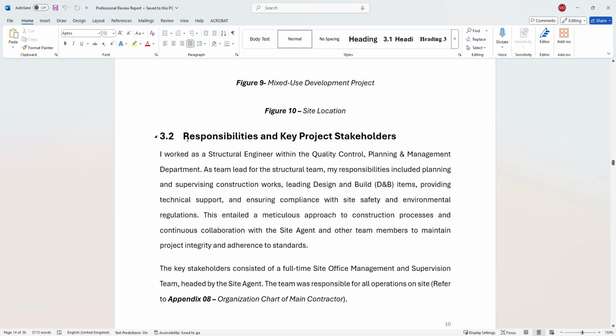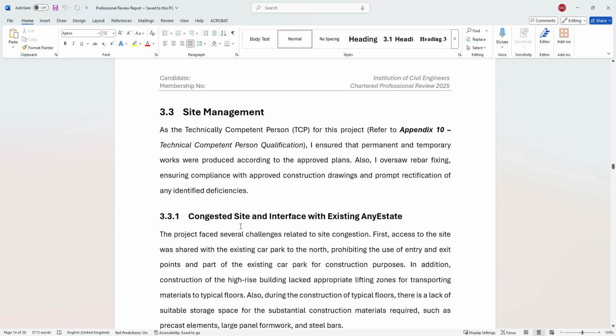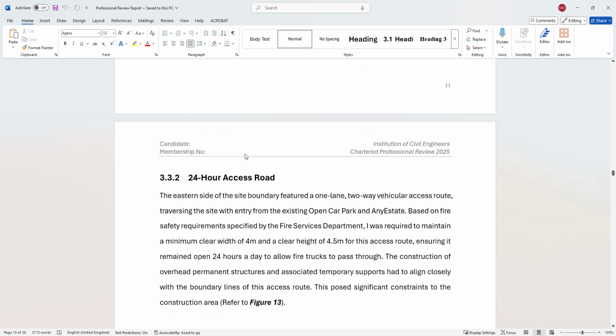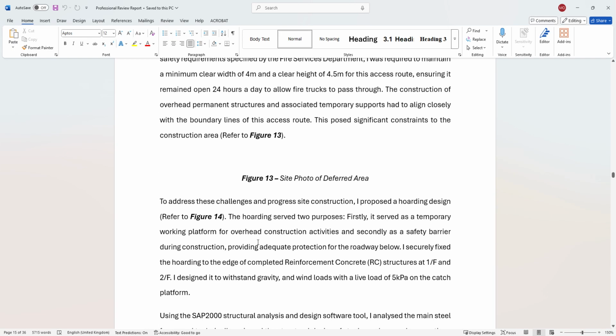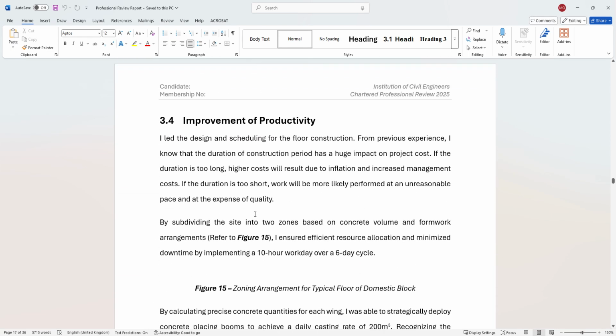For section 3.2, it talks about the responsibilities and key project stakeholders. Site management under section 3.3. And here the candidate is just talking about some of the challenges that they faced on the project and what exactly they did to overcome that challenge or those challenges.